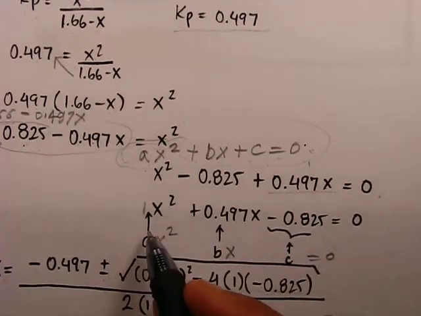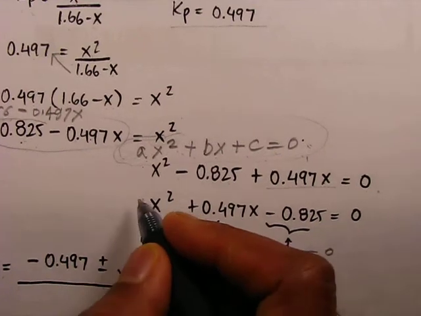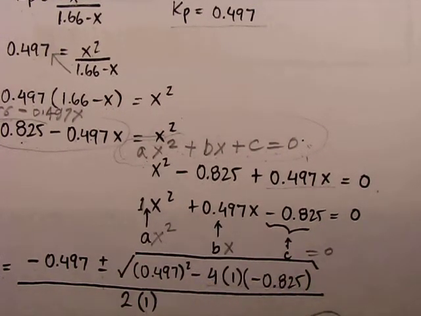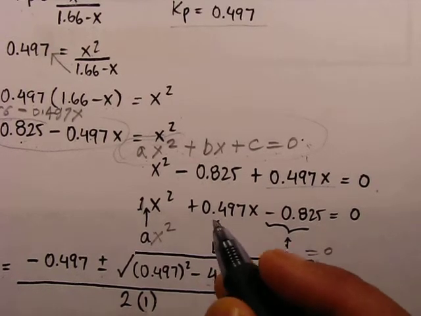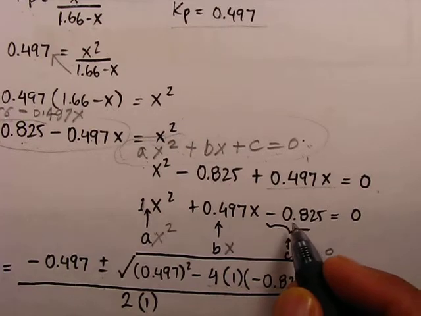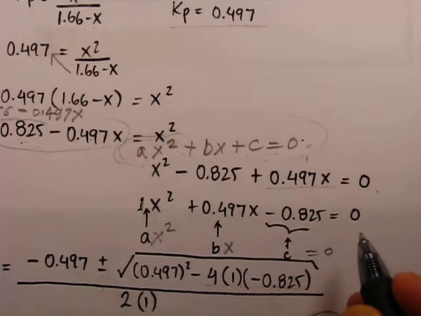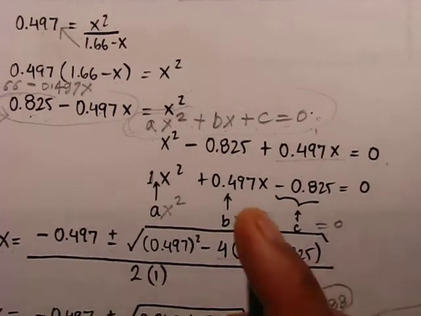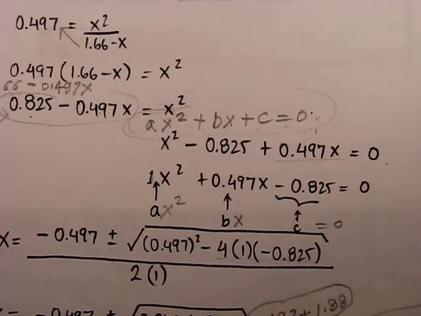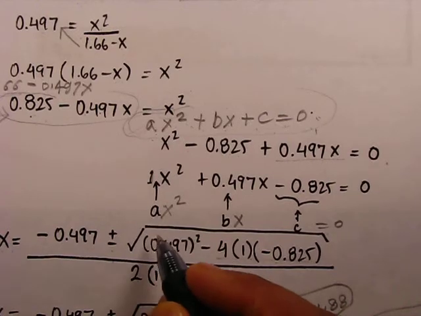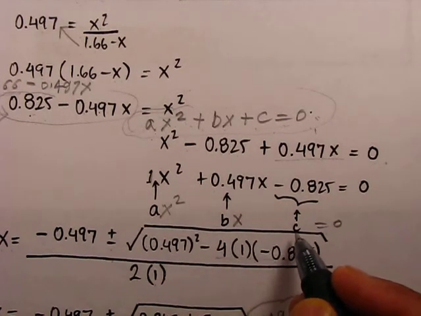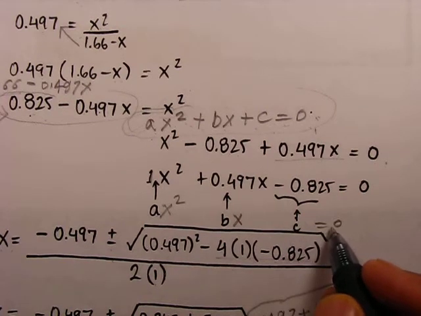So we can rearrange this exactly as 1x² + 0.497x − 0.825 = 0. Now you can compare this equation with my quadratic equation ax² + bx + c = 0.